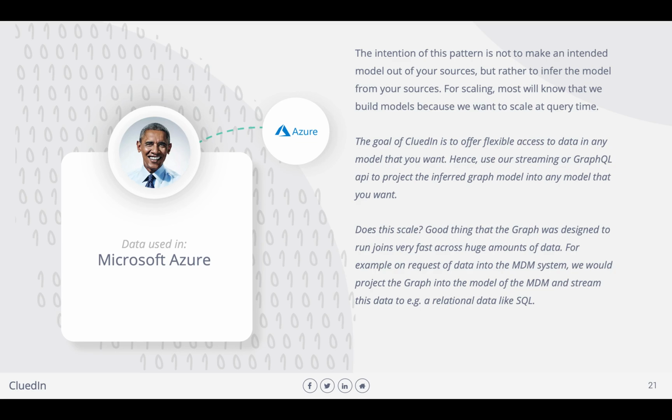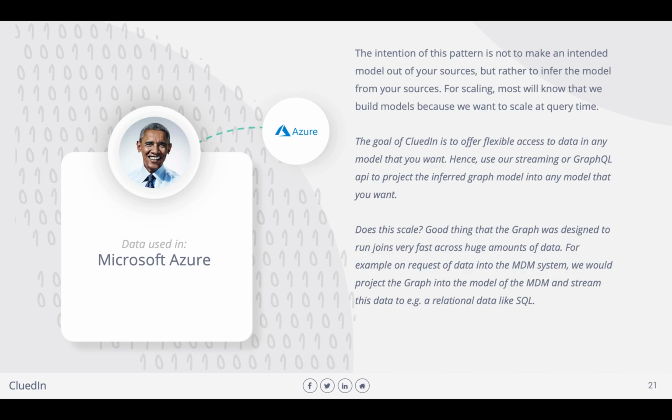But the premise and the intention of the eventual connectivity model is to infer the model from your sources in a scaled way that will easily allow you to project that data into your perfect model. So in this way, we get the best of both worlds.